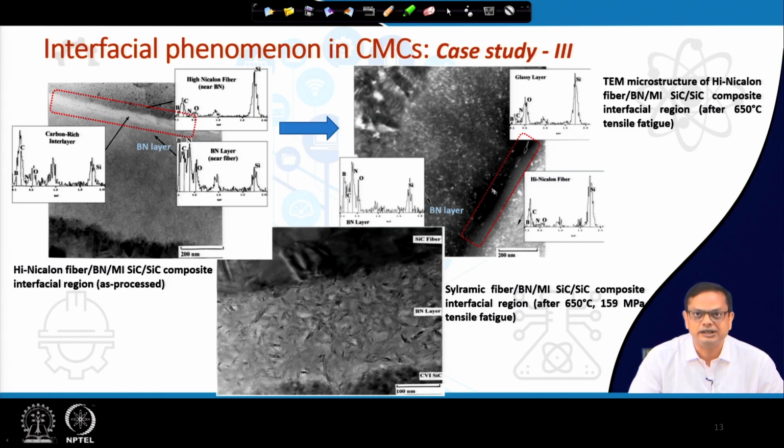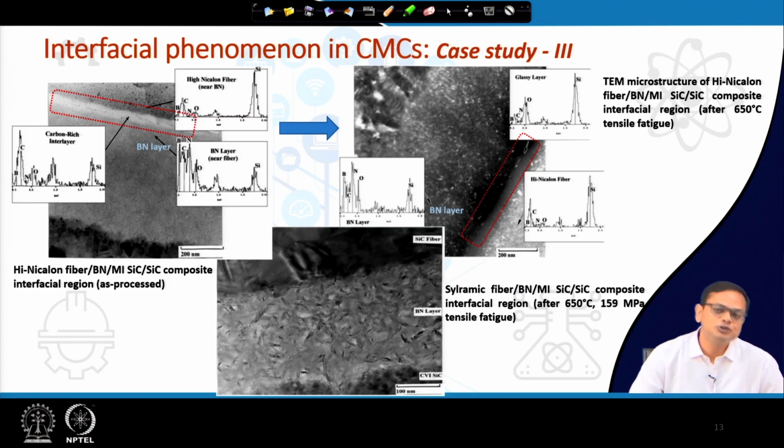This is the boron nitride layer, and this side we have the SiC fiber. In between, the layer which was earlier the carbon rich layer gets converted into an SiO2 layer, which is amorphous or glassy, and brittle in nature.